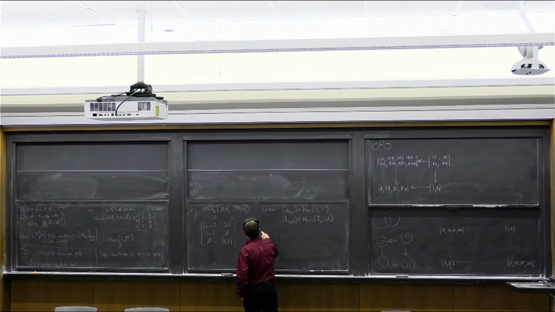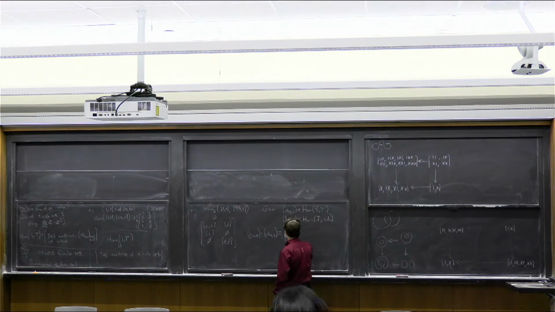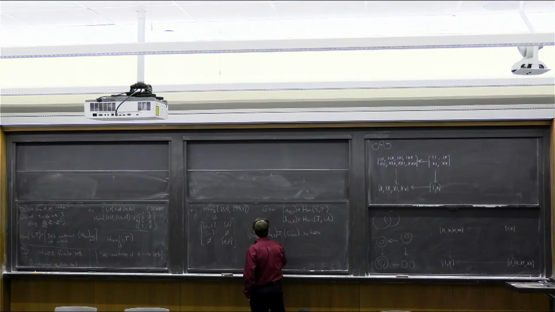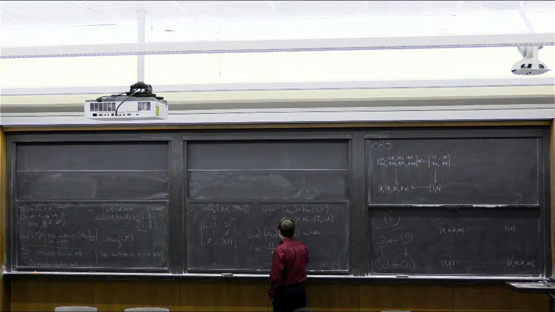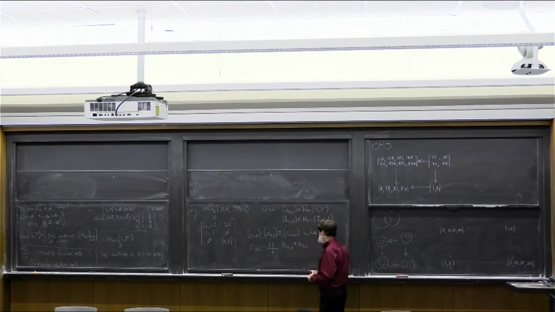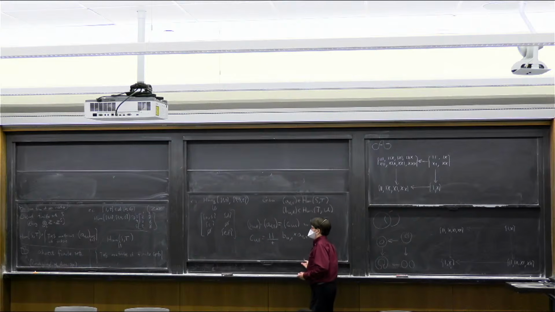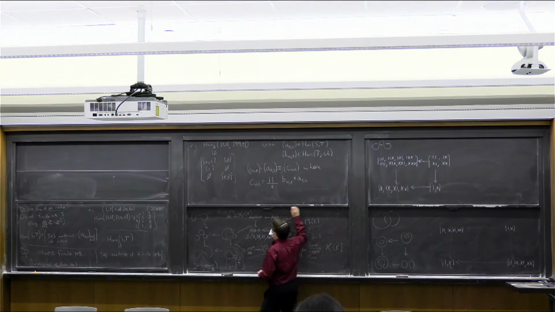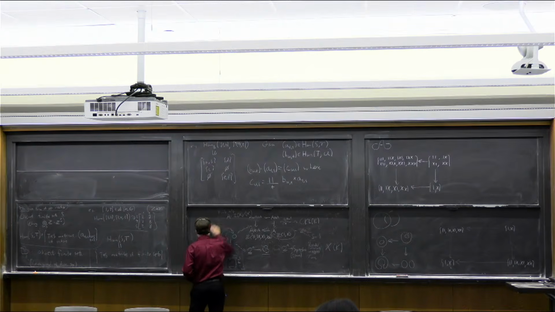B_UT circle A_TS is the matrix, I don't know, let's call it C_US, where C_US is the union over T of B_UT times A_TS. Okay, I can do that. Let's do an example.